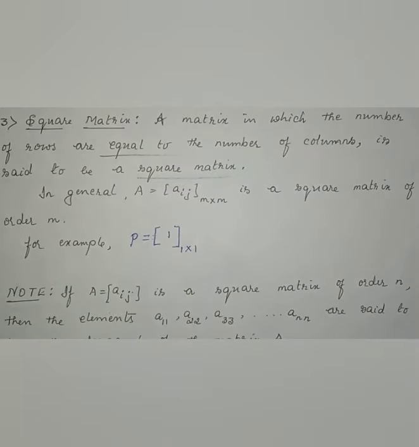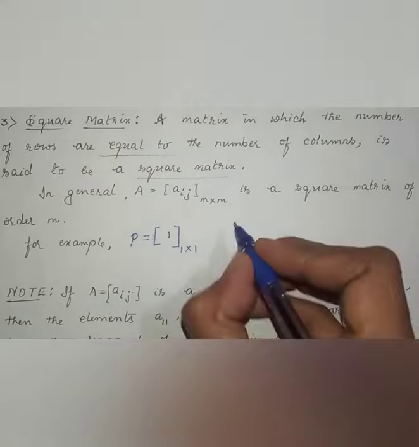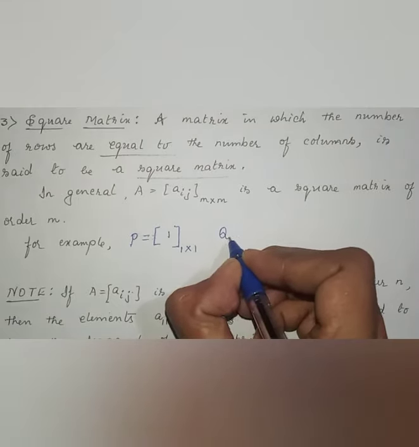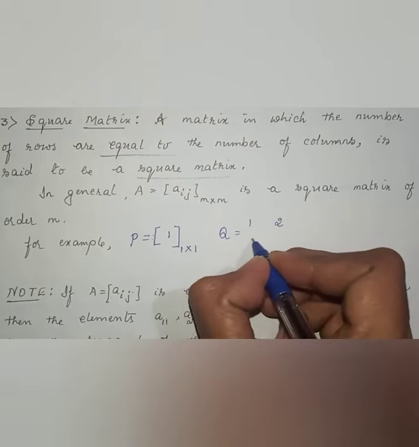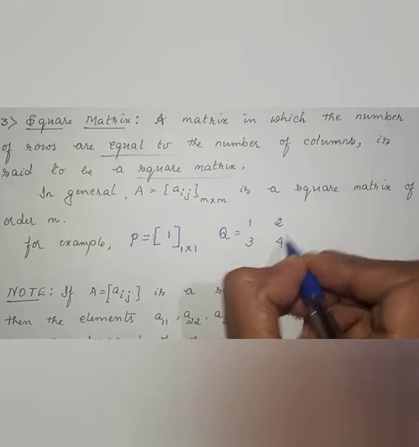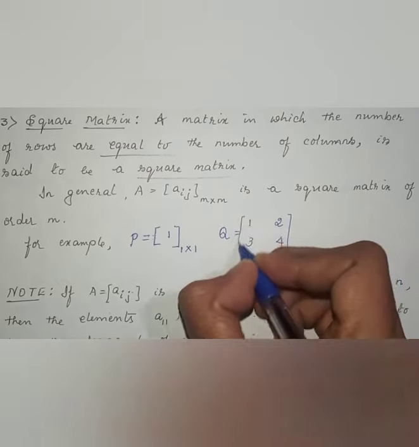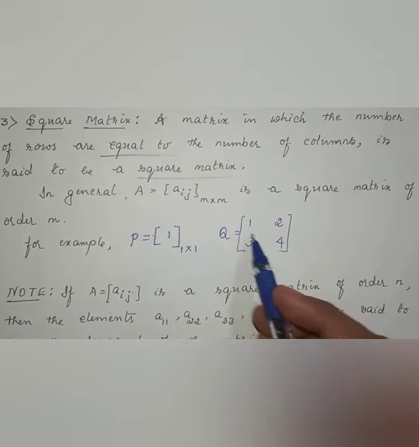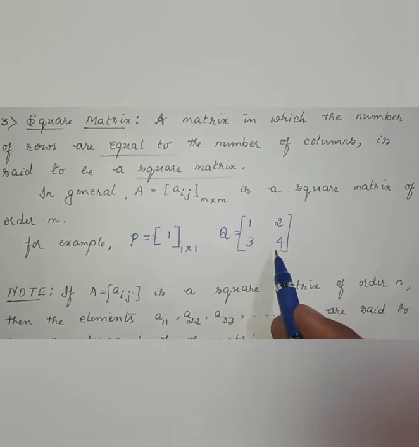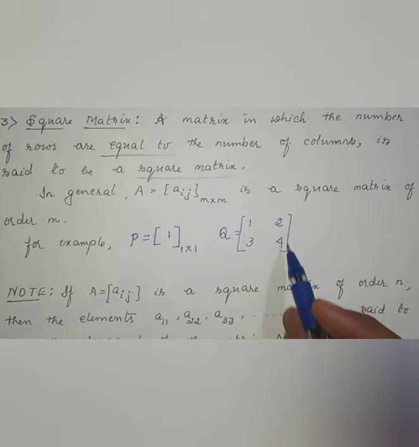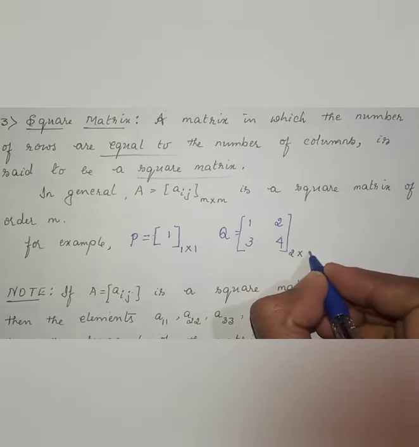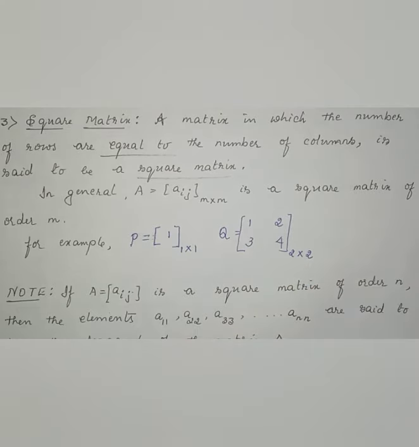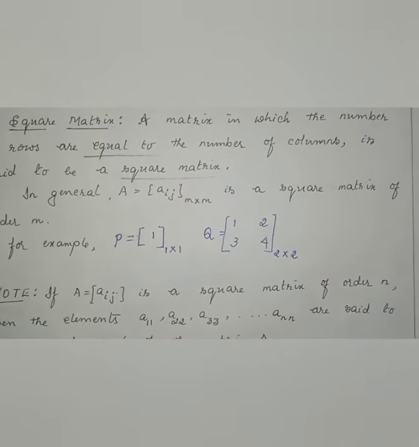So P is a 1 by 1 matrix. Next, Q: 1, 2, 3, 4. There are 2 rows and 2 columns. Therefore, the order of the matrix is 2 by 2, so this is a square matrix.